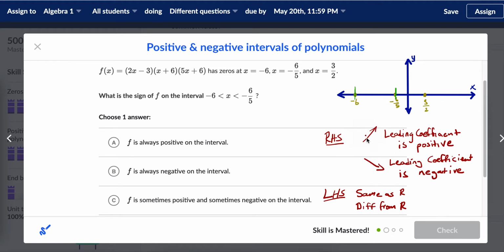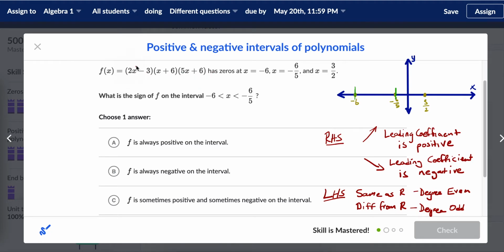The idea here is, if your degree is even, then it's going to do the same thing as the right-hand side. If the degree is odd, then it's going to do a different thing from the right-hand side. So let's take a look at this polynomial here, right? Because that's all we've got to look at here.